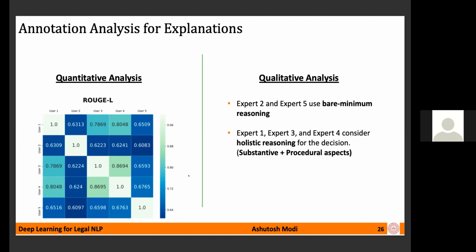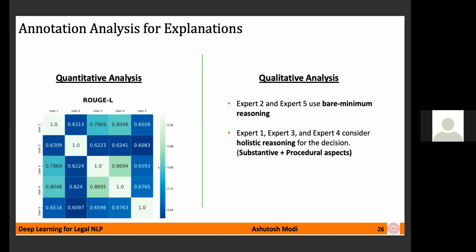For quantitative analysis, we use various metrics like Rouge, Bleu, Meteor, Jaccard similarity, and overlap metric to automatically determine the expert agreements. Here we only provide the results for Rouge-L score, and I will point towards the paper where we have more metrics.